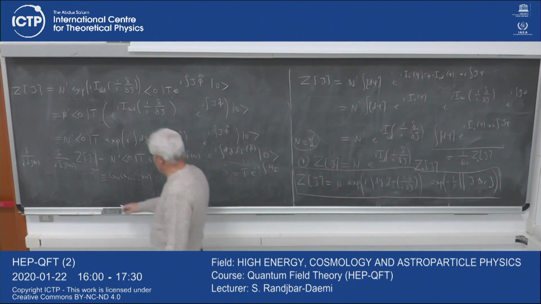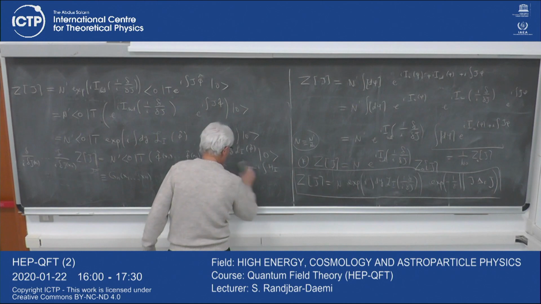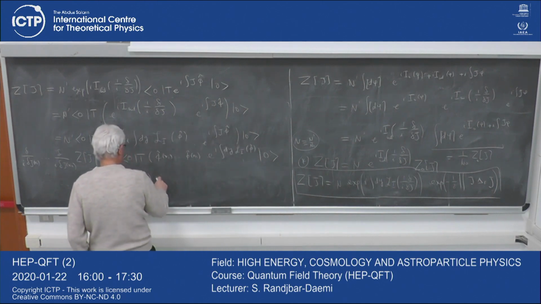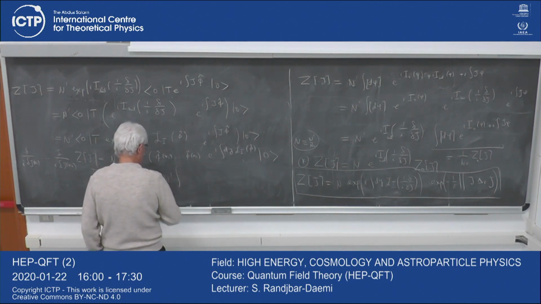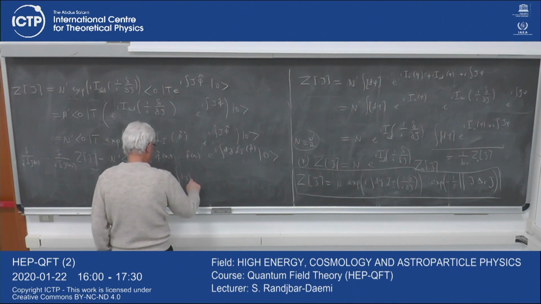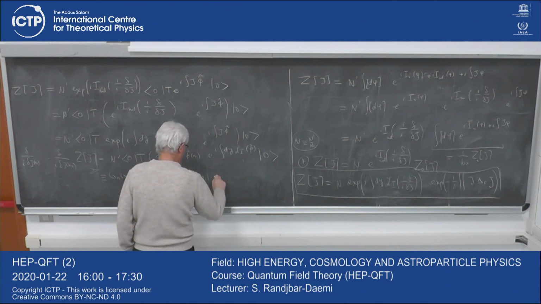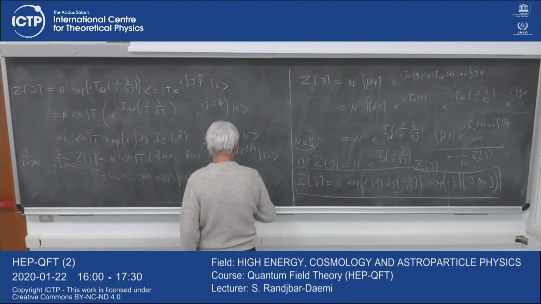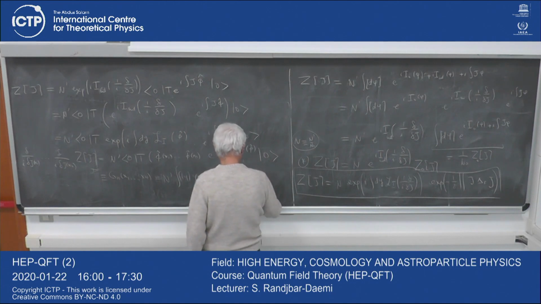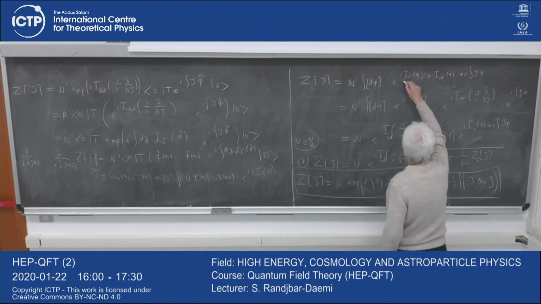So the same expression is given by a normalization factor times functional integral of a string of n factors of phi times exponential of, if I have set j equal to 0, the only thing which remains here is just I of phi.